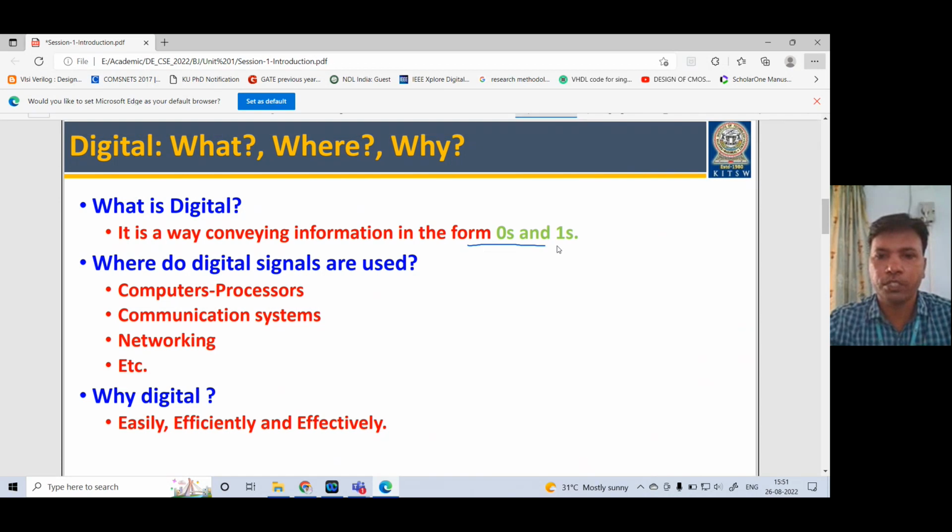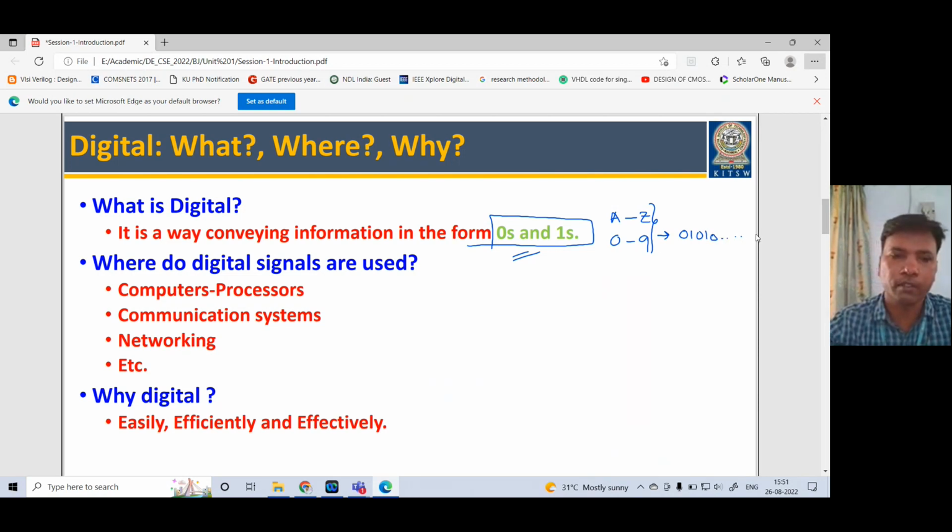Every piece of information is represented in the form of zeros and ones, whether it is alphabets A to Z, or numbers 0 to 9. Any digit or any number is represented in the form of zeros and ones. That is what a digital signal means.